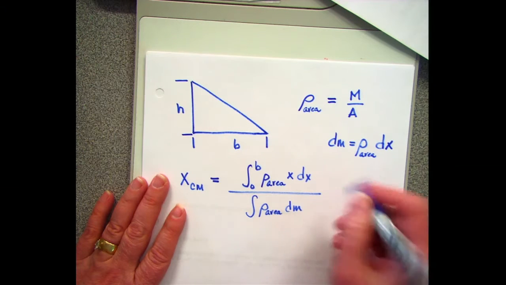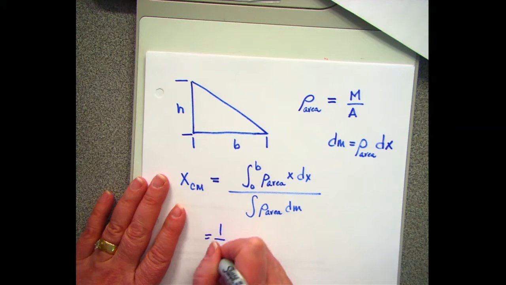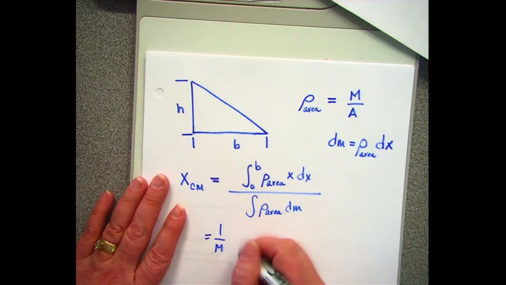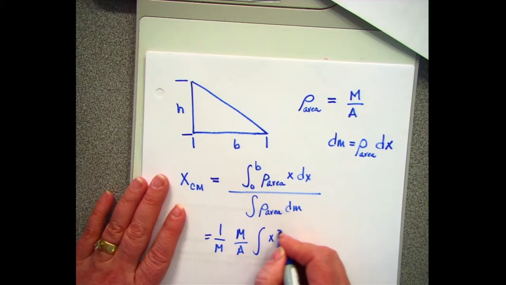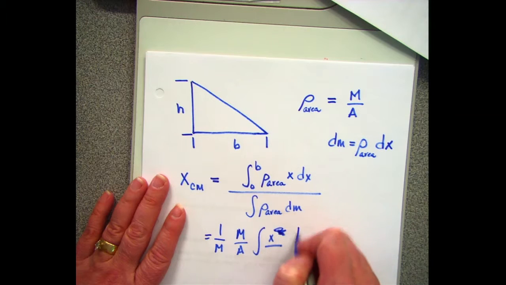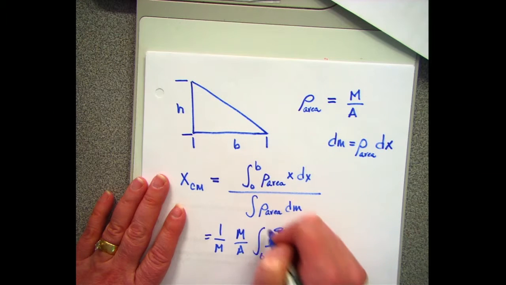But we know what that is. That's 1 over m. My rho area is m over A. And I'm going to integrate x dx from 0 to b.